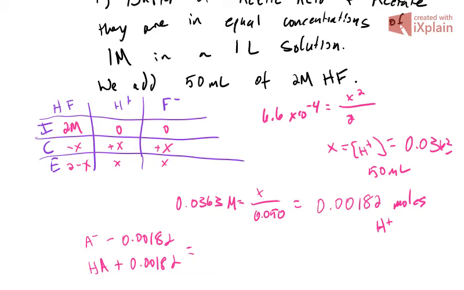And so we then get, for A minus, the concentration is equal to 0.998. I think it's 7, 8. Let me check.